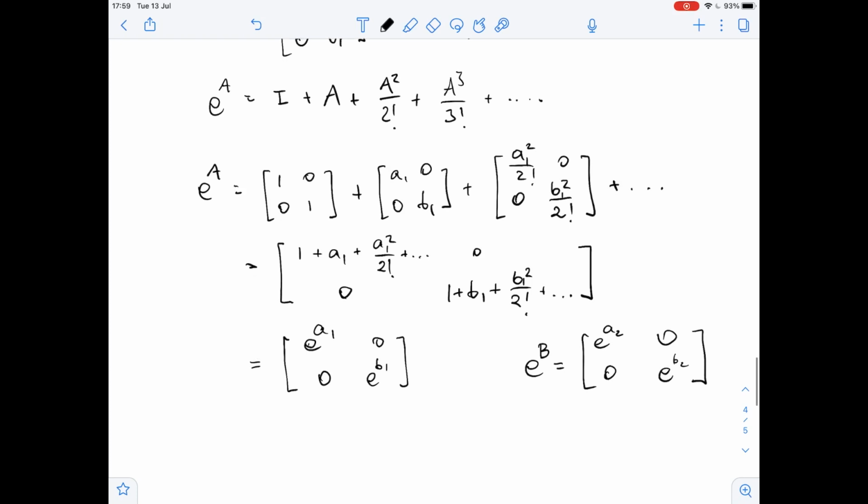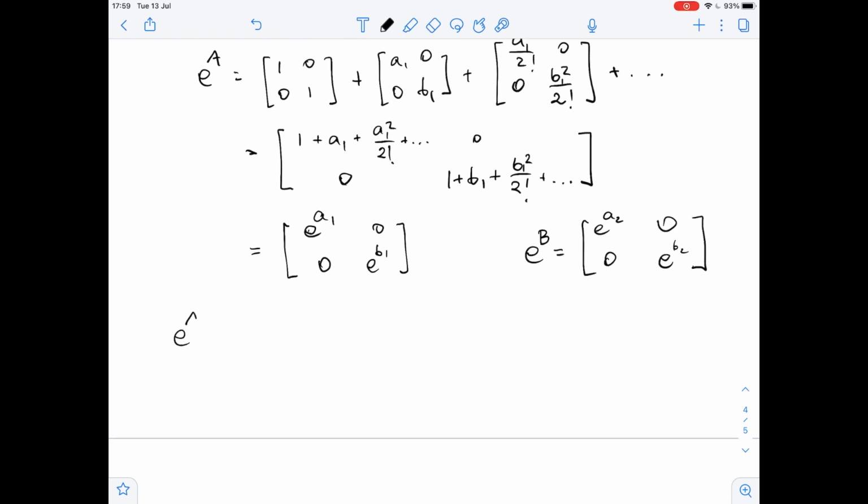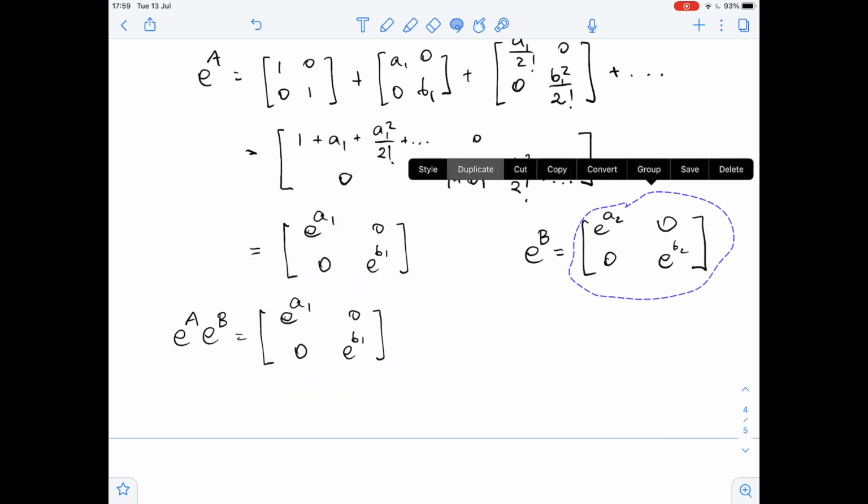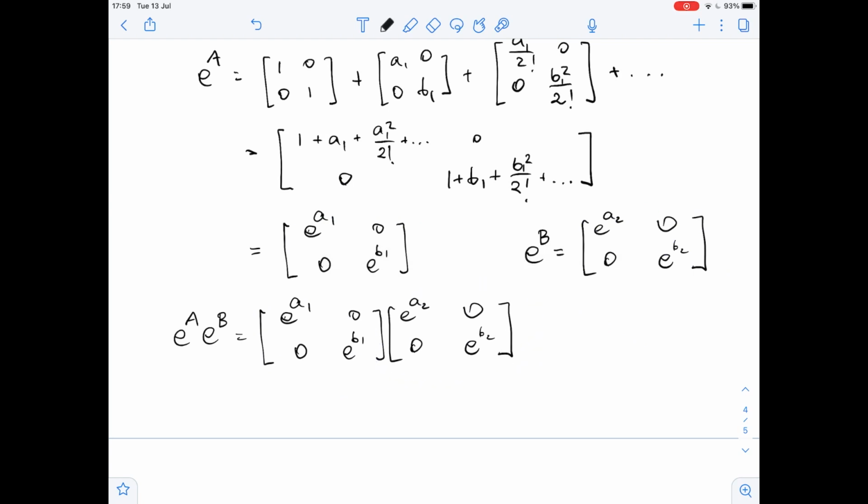Well, now let's look at e to the power of A times e to the power of B. It equals this matrix times this matrix. Now we just do the multiplication of these matrices and we get e to the power of A1 times e to the power of A2 plus 0, 0, 0, and e to the power of B1 times e to the power of B2 plus 0.